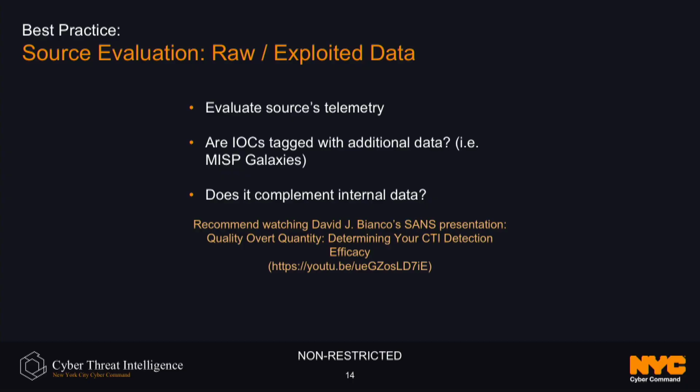All right, so let's dive a little deeper into source evaluation here. Let's talk specifically about raw and exploited data. And by the way, exploited data can be on either side because it has myriad types of data sets. But first and foremost, evaluate your source's telemetry. Say you're thinking about purchasing intelligence from a private vendor, and they have this huge database of it.